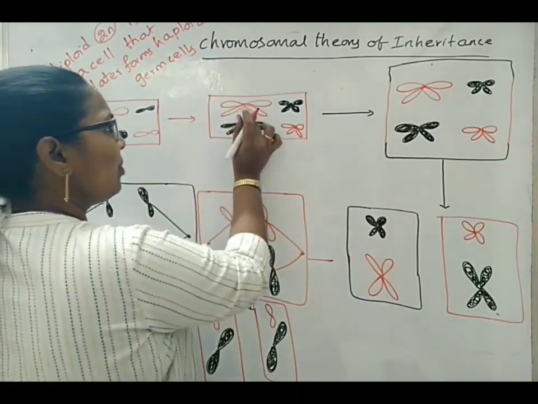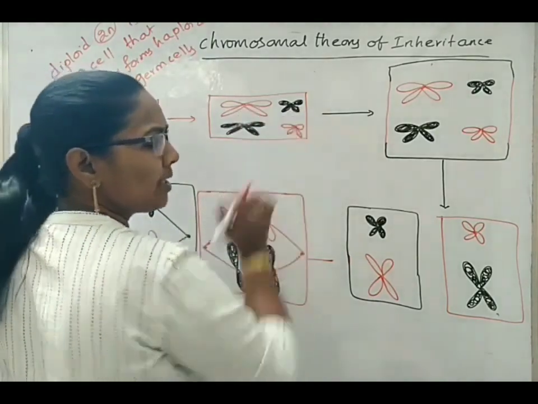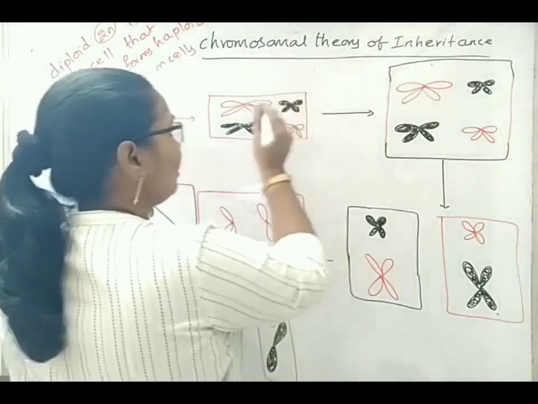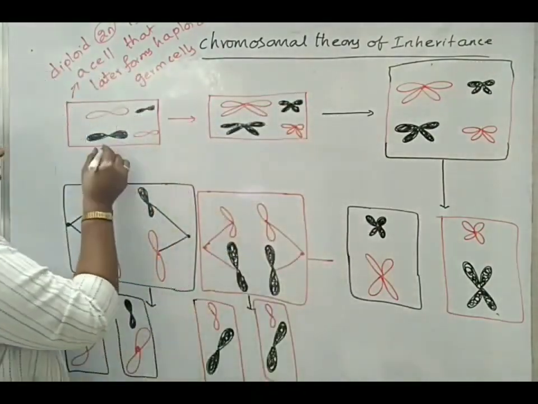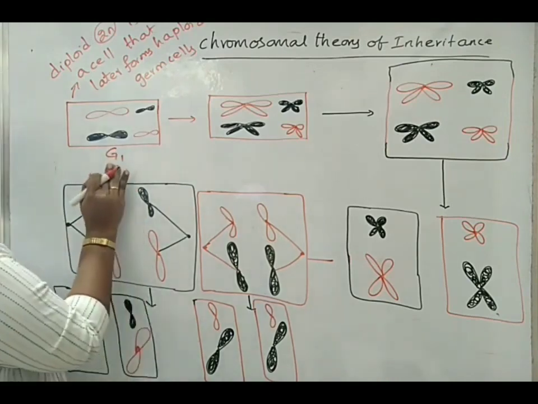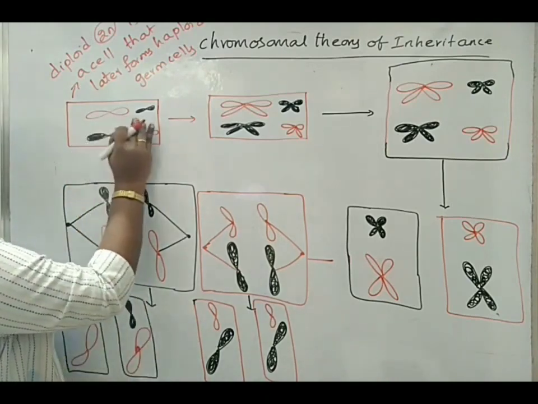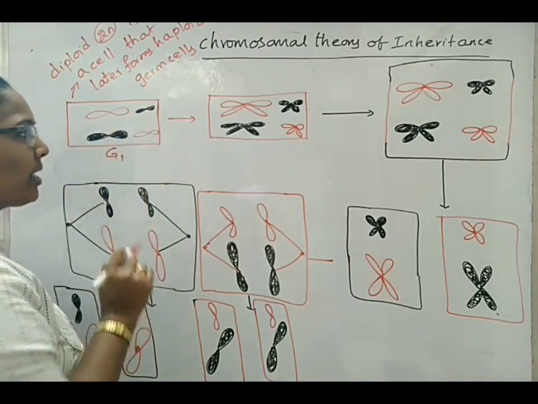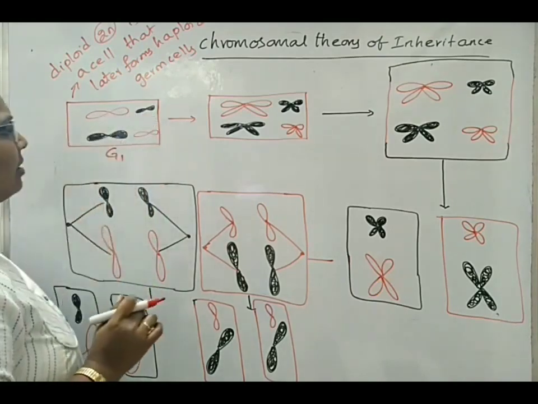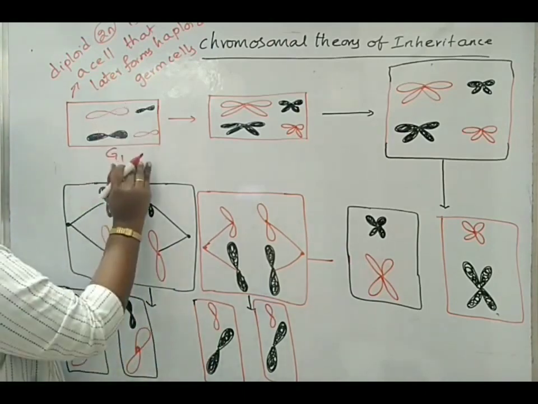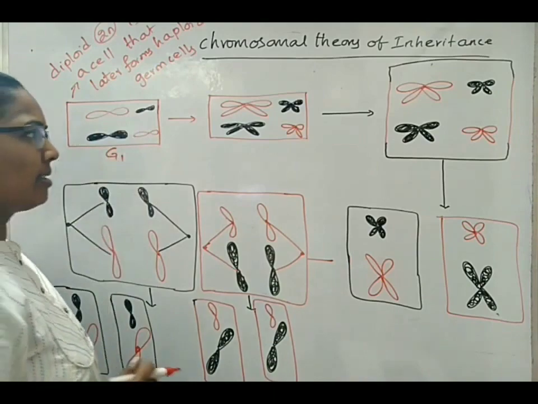Now, both of these are considered homologous chromosomes. This we can consider as the G1 stage of the interphase. During the G1 phase, chromosomes are arranged. These two chromosomes are responsible for one type of character. These chromosomes can be responsible for another type of character. Suppose these are arranged in the G1 stage like this.